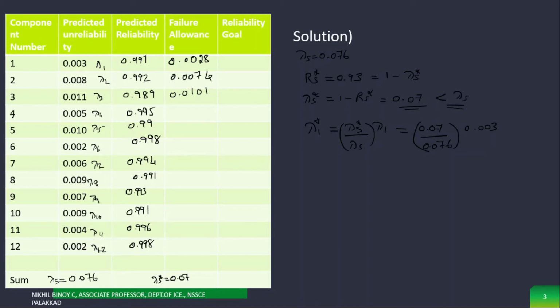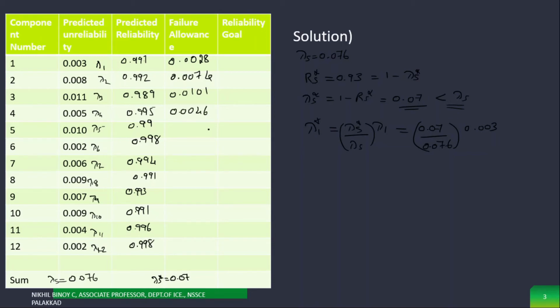Now the desired failure rate of the fourth component is 0.07 divided by 0.076 into 0.005, that is 0.0046.